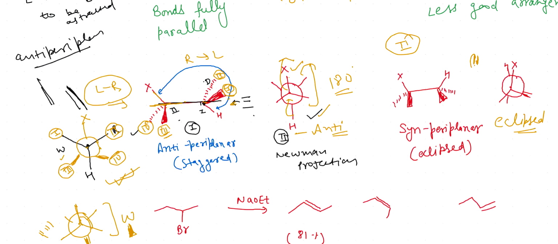So the case is like these two sticks. As they are overlapping each other, this is the eclipse structure. As they are opposing each other, this is your anti-structure. So here the angle between them is 0 degrees. Clear? Between hydrogen and halogen. So that's why it is called the eclipse structure.